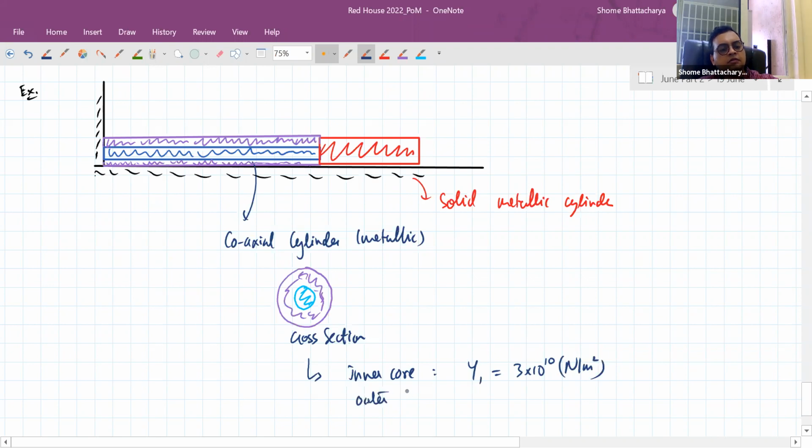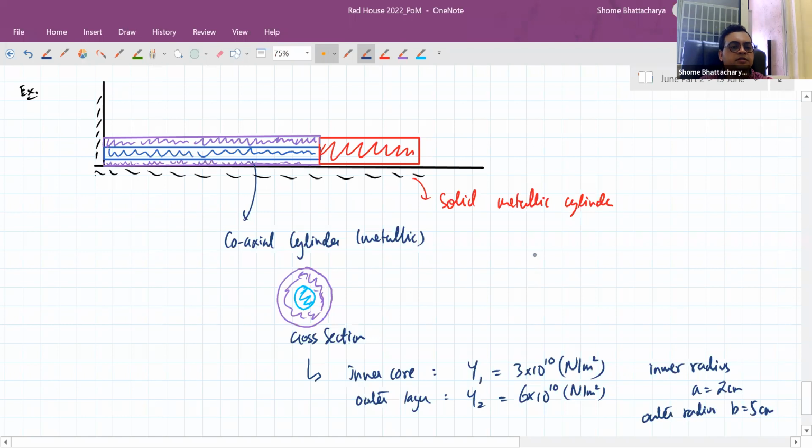The outer layer is made of Young's modulus this much. The inner core has inner radius and outer radius 5 centimeters.